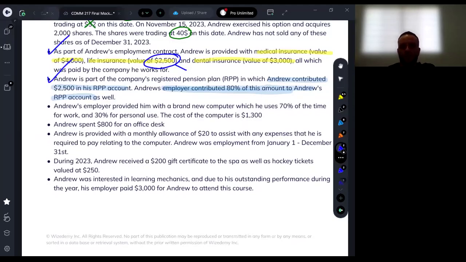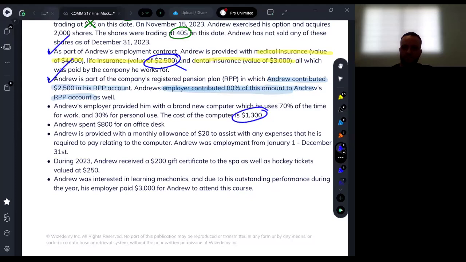Andrew's employer provided him with a brand new computer, which is used 70% of the time for work and 30% personal. The cost is $1,003. Brad, I believe it is taxable. I'm not sure.